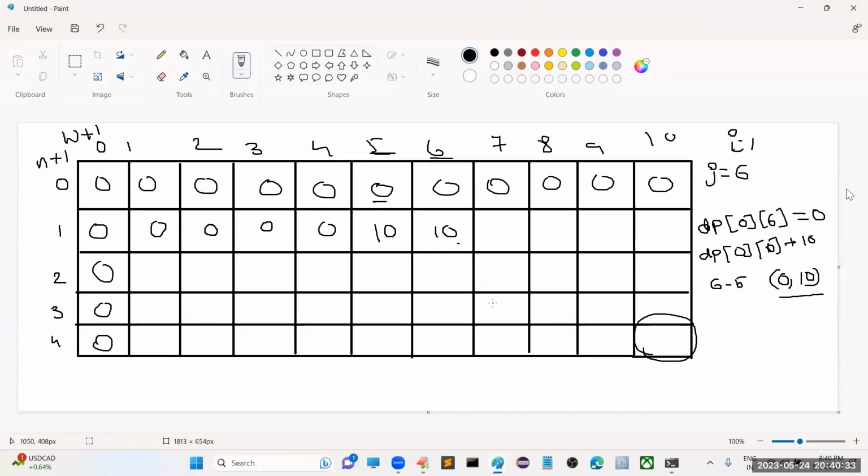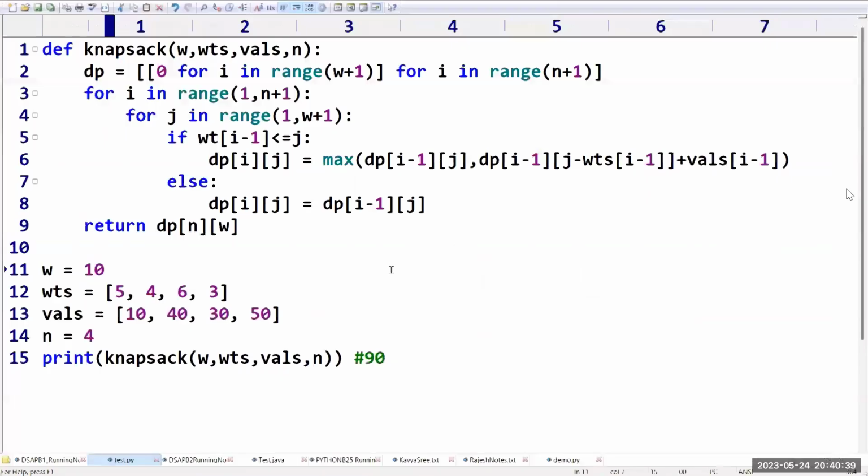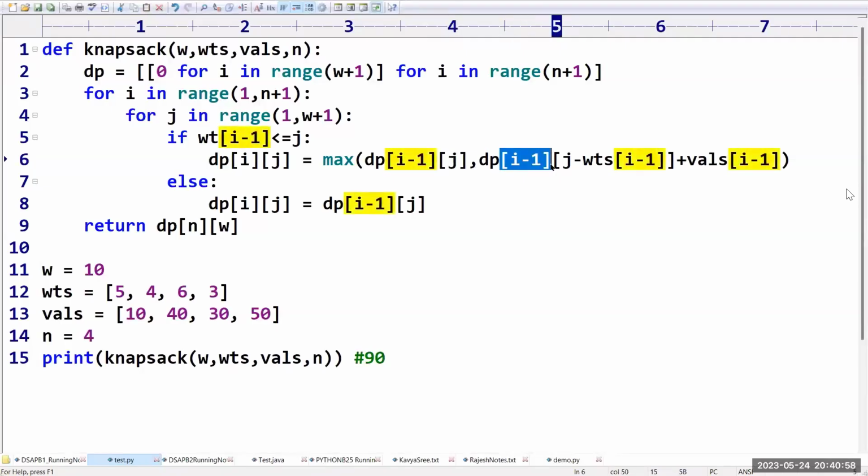Yes, sir. Sir, once show that code, sir. That second dp, 0 comma 1, I think, sir. This one, dp of 0 comma 1. j is 6 and weight of i minus 1 is 5.